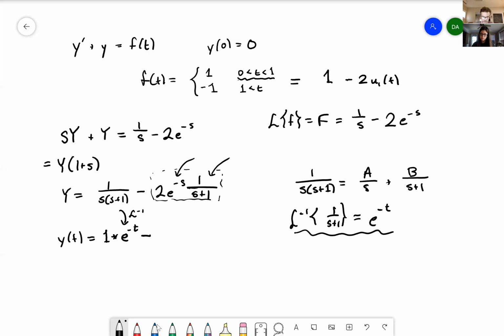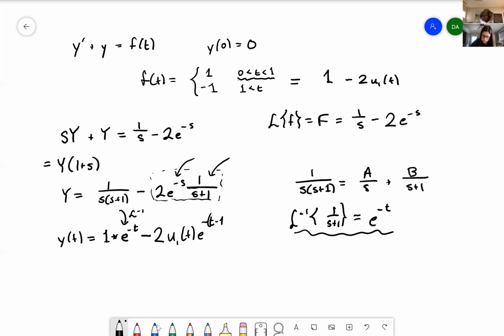And if we have e to the minus s times that, then that's the Laplace transform of u1(t) times e to the minus t shifted by 1.